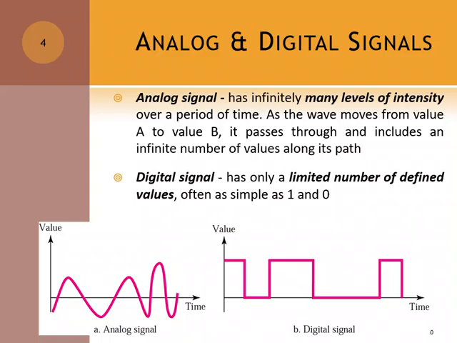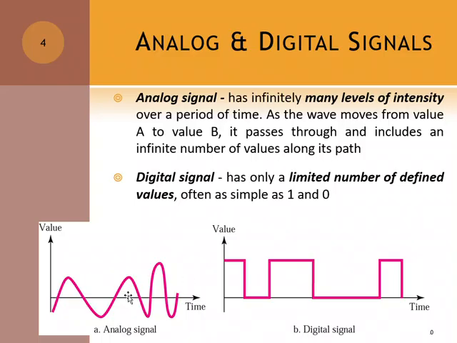Now let's see the difference between analog and digital signal. On your left is an analog signal and on your right is the digital signal. So analog signal has infinitely many levels of intensity over a period of time. As the wave moves from value A to value B, it passes through and includes an infinite number of values along its path.